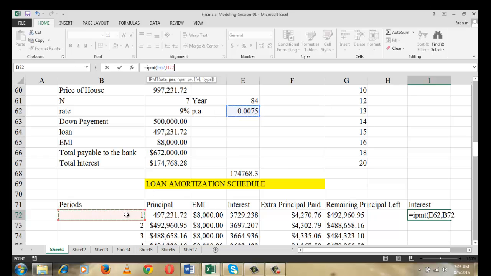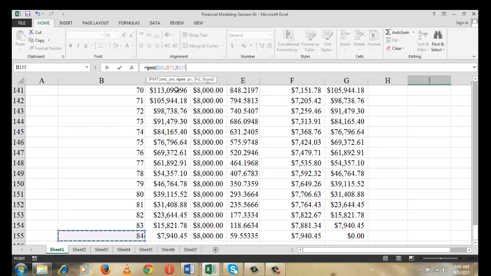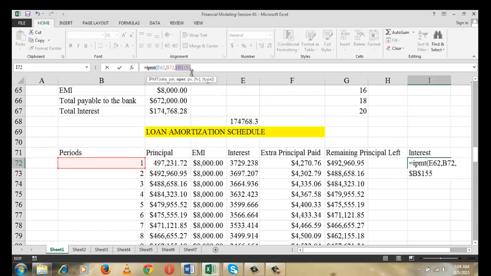PER would be the first period. It will keep changing. Then NPER. NPER means the last cell. So this is 84. This you need to fix. So fix the first cell also, the rate. Then PV.